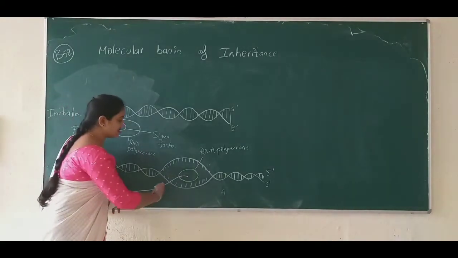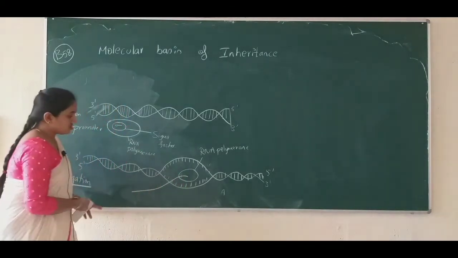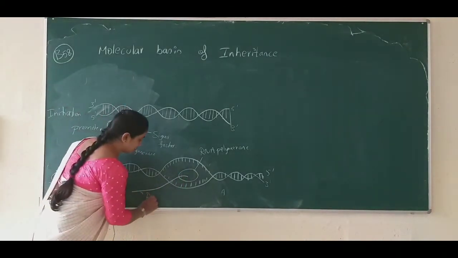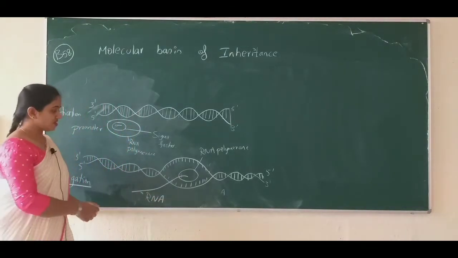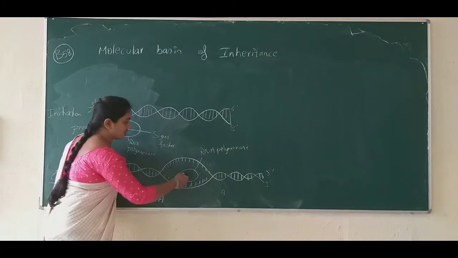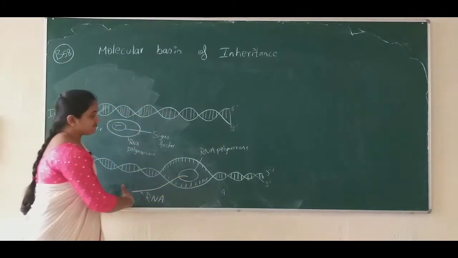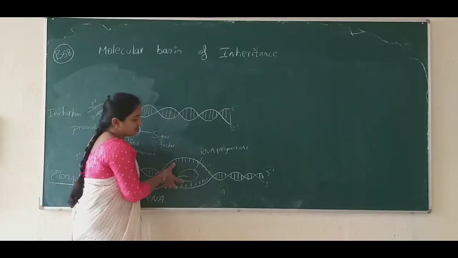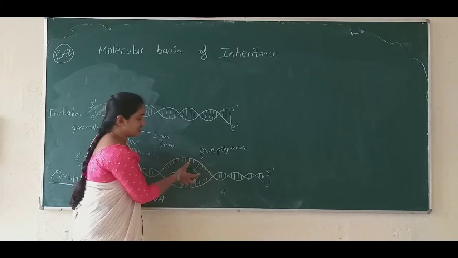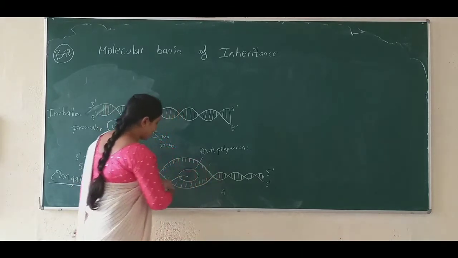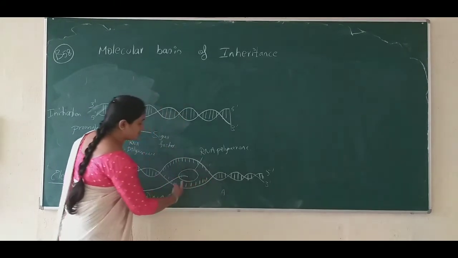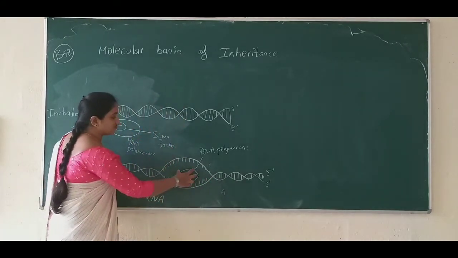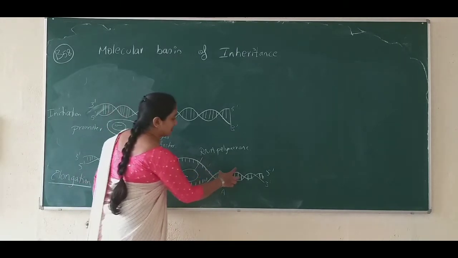This strand is nothing but the RNA nucleotide strand. However the unwinding of the DNA helical model occurs, the RNA polymerase will keep on moving like this.